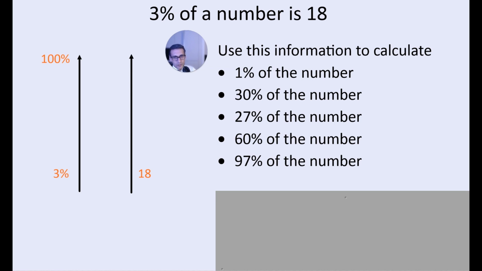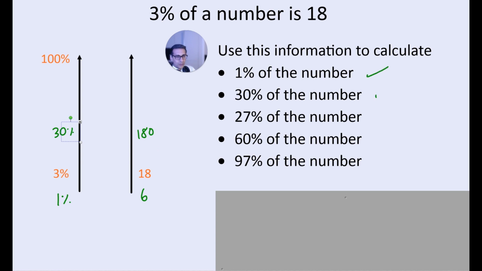Okay, so hopefully you've had a go with these. Let's work out what we can from here. So it wants 1%. So 1% will be, we're going to divide by 3, 6. 30%, we're going to do times 10. 3 times 10 is 30. 18 times 10 is 180.